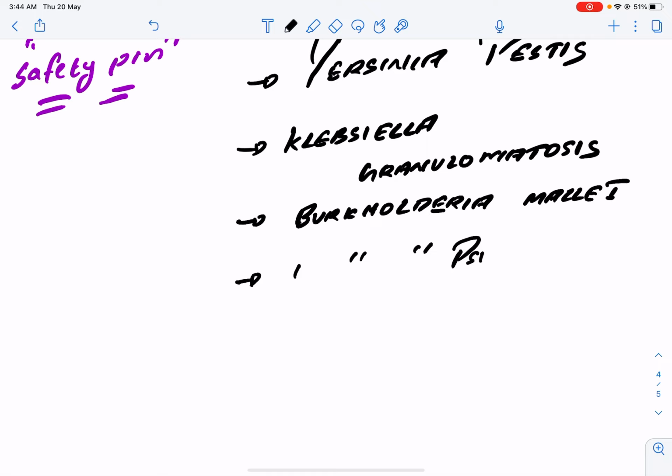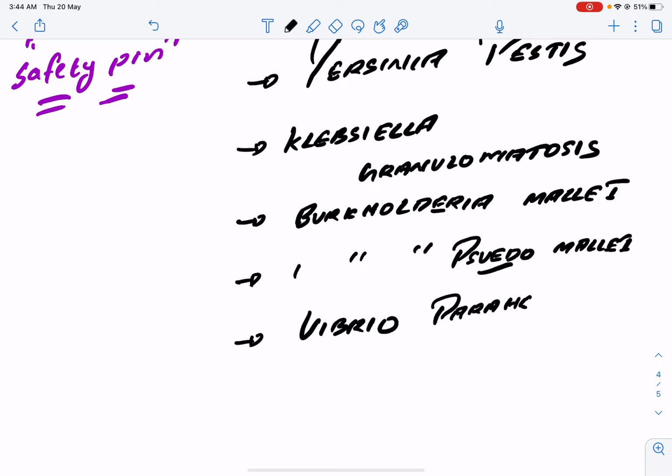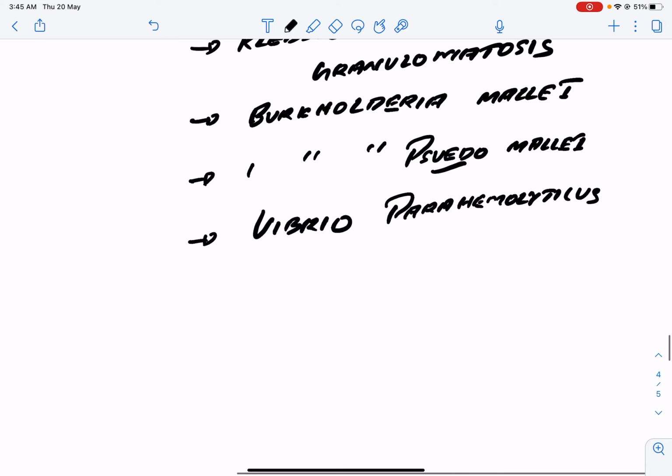There is also Burkholderia pseudomallei; pseudo means false. Then Vibrio parahaemolyticus. Then Haemophilus ducreyi.